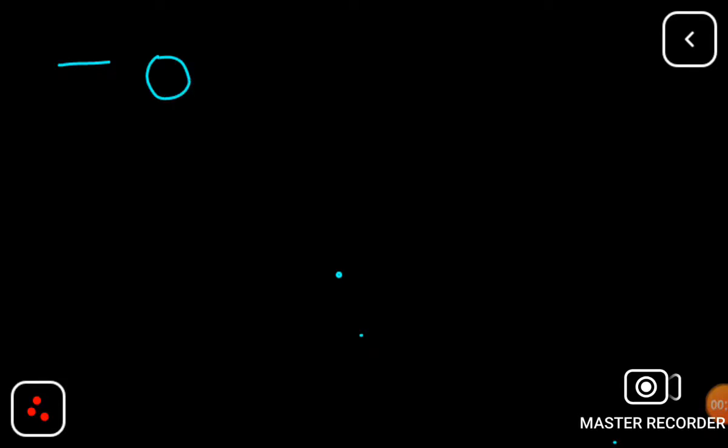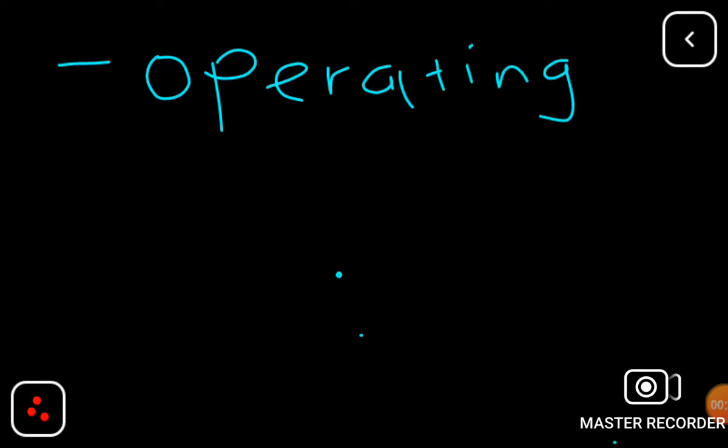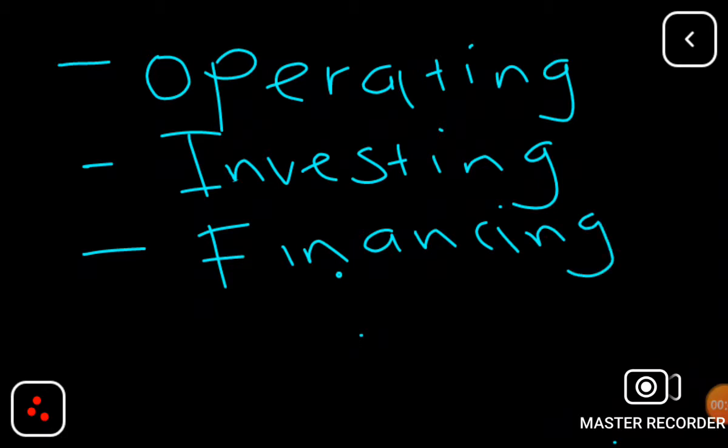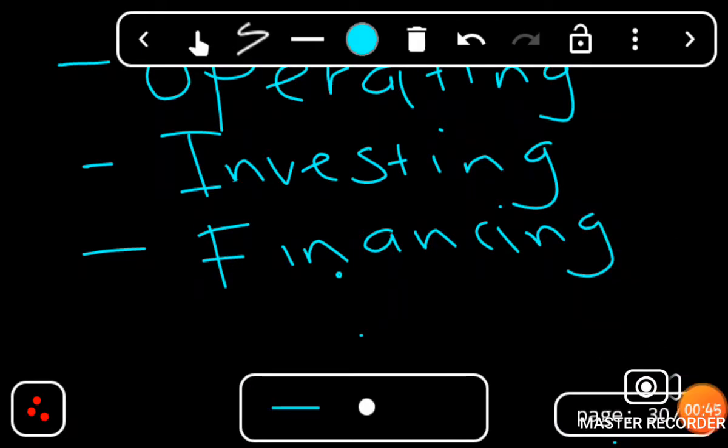So we have the operating activities, and you see how we'll be calculating everything under operating activities. Then we have investing activities, and we also have financing activities. So we'll be calculating these kinds.